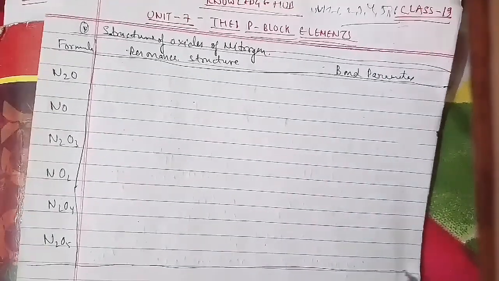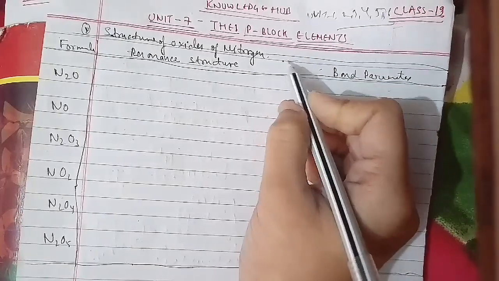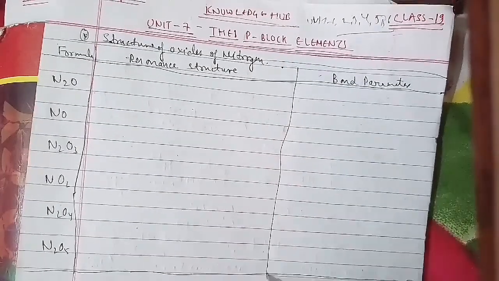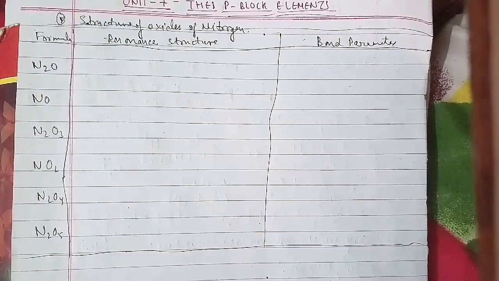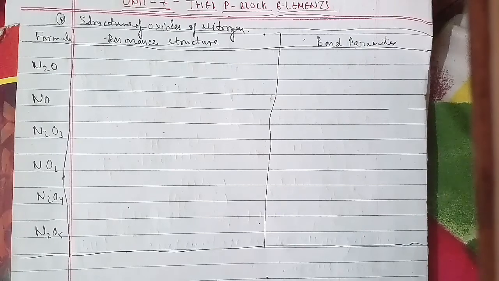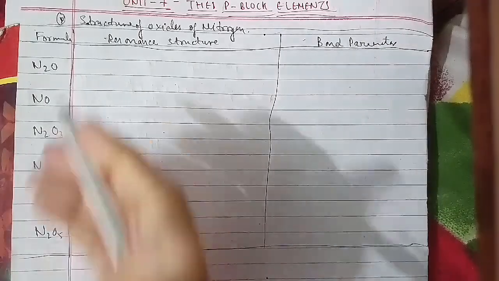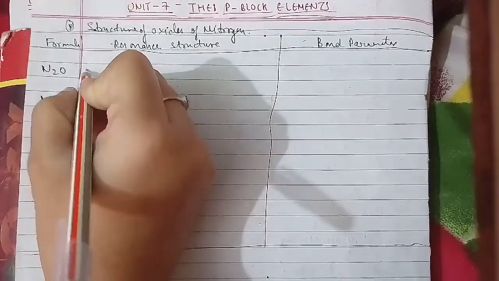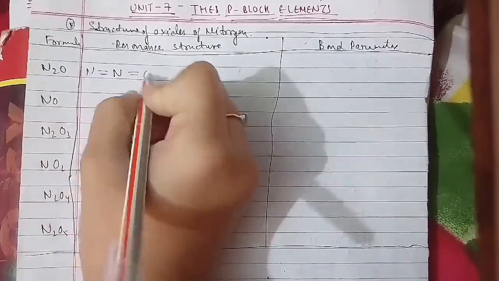Here we will discuss each of them in detail, of course. For N2O, we have to represent the resonance structure. For that we have N double bond N double bond oxygen, with 2 lone pairs on the oxygen.